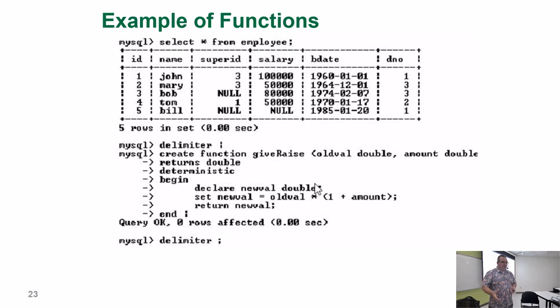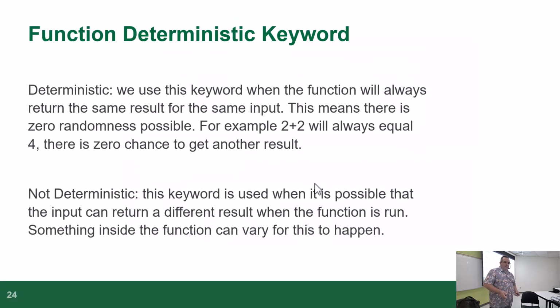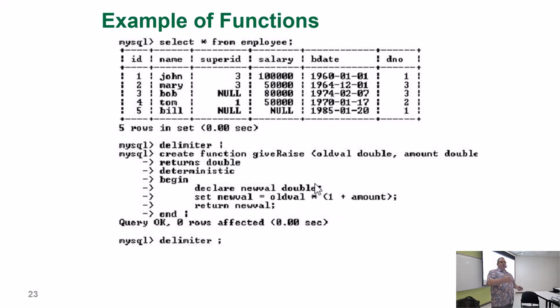Then you go the typical begin, you got your declare, and in here we're setting a variable, the new value equal to the old value times 1 plus the amount, and it returns the new value. Literally, it's the same thing as you do in Python where you take one number multiplied by percentage, and it returns it. So the thing is, you could use this in a select statement.